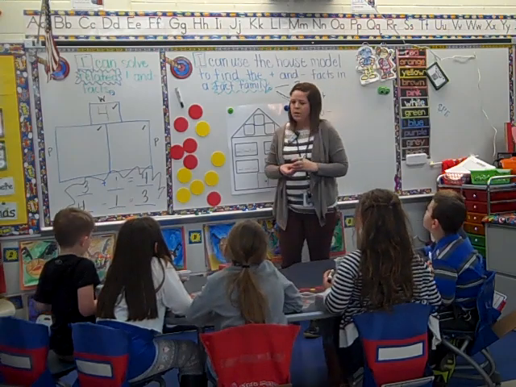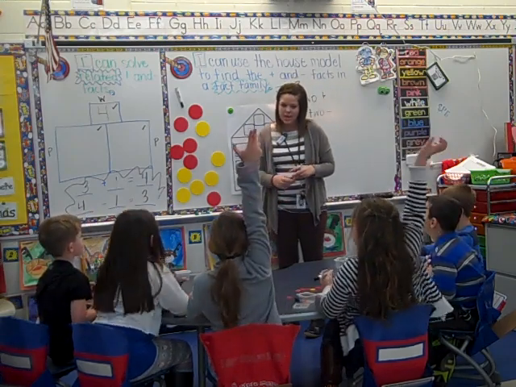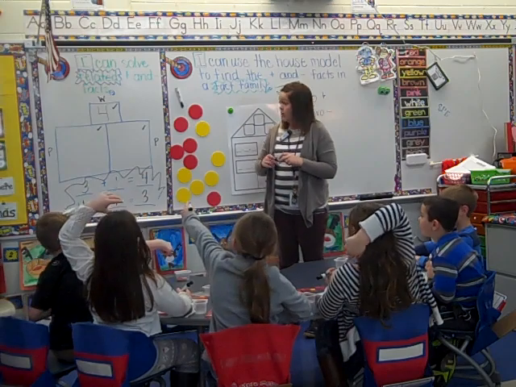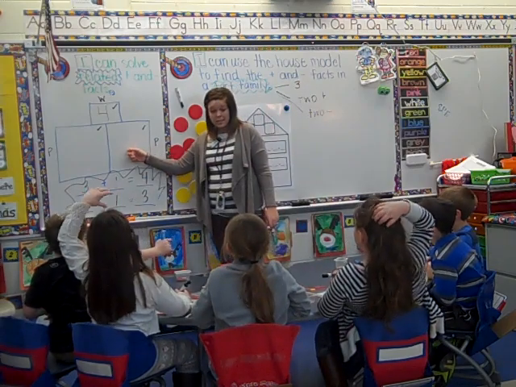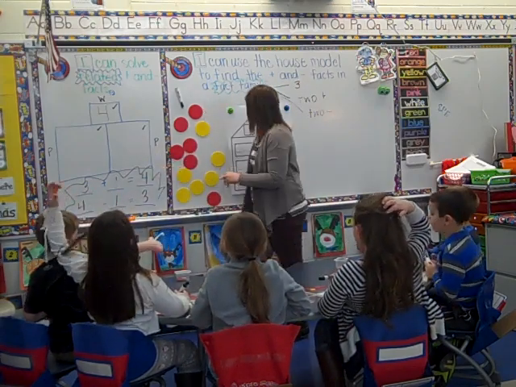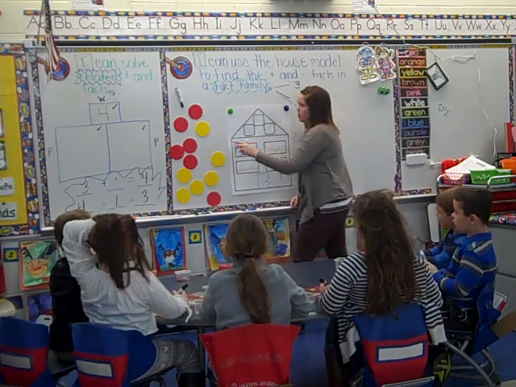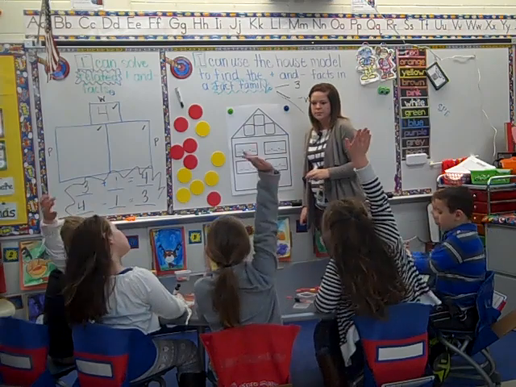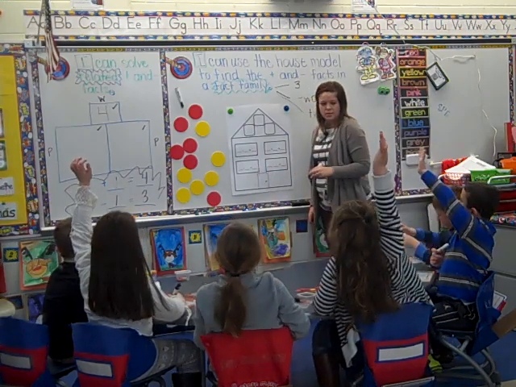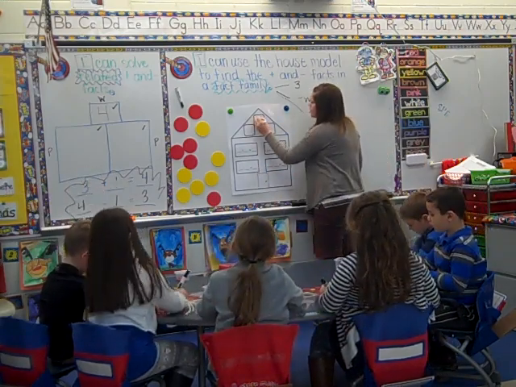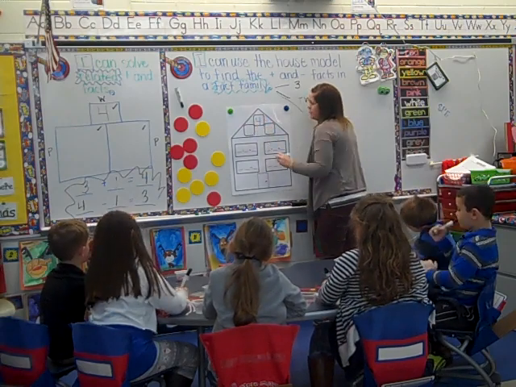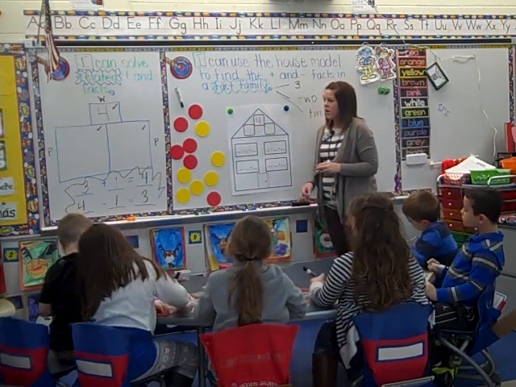All right, where do you think I'm going to get my numbers from again, Alex? There. Do you want to work with this one? Sure. So, let's do that as practice. That is amazing. So, what is our whole over there? Manny? 4. So you're going to put your 4 up top here. What are our parts?